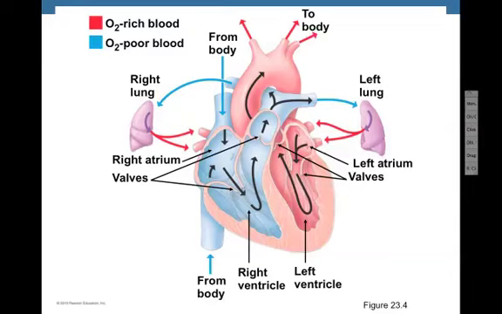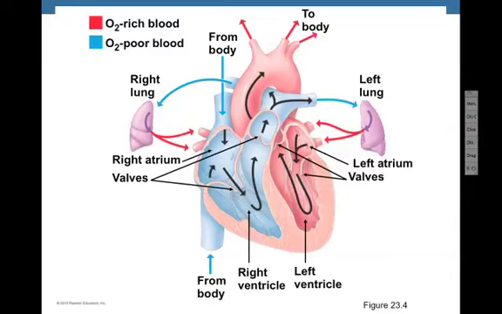Whereas on the left side of the heart, the valve is called the mitral or bicuspid valve. You do need to know these names. And the mitral bicuspid valve has two sort of doors, and that's why it got the name of a bicuspid valve.